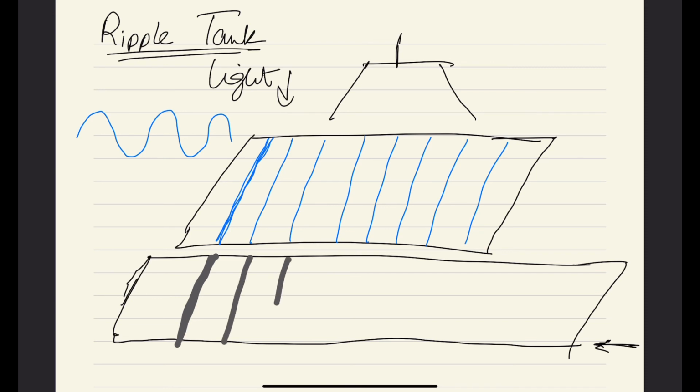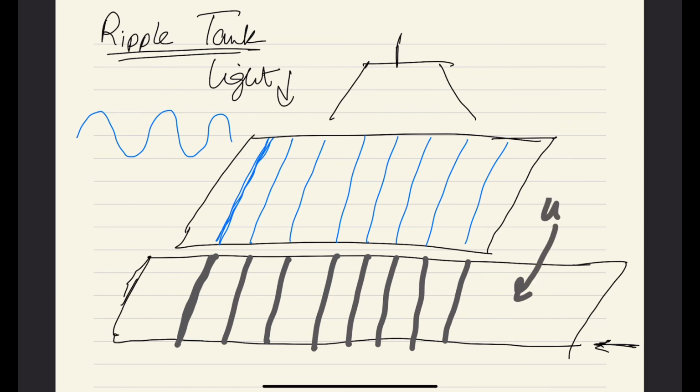You see, these dark regions are being shown on this white sheet. So these dark regions represent the crests, and the region in the middle is represented by the troughs.